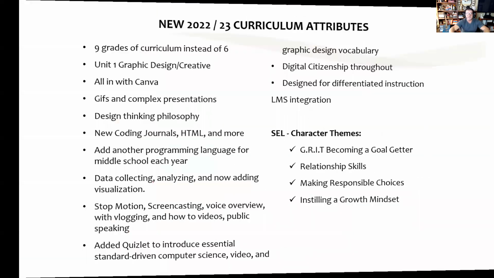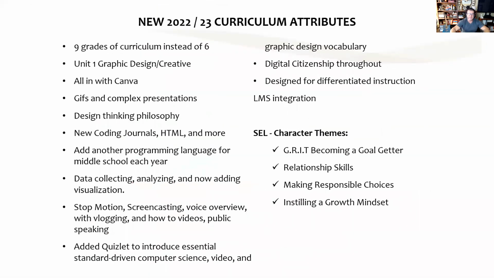So a lot of the stuff that we're doing now, sorry I didn't have a chance to make this slide look pretty, but next year I really wanted to focus on the themes that we're getting into, because although our big picture is we want to teach those level 1, 2, and 3, we do it through project-based learning, and our themes are grit, becoming a goal-getter, relationships, and skills to build your relationships and make them better, making responsible choices, and instilling a growth mindset.